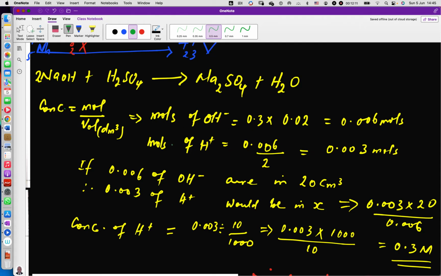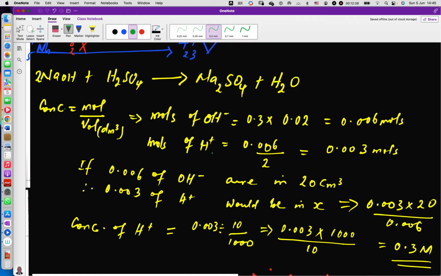For the sulfuric acid, remember 2 moles of sodium hydroxide react with 1 mole of sulfuric acid. Now that we have the moles of sodium hydroxide, the moles of sulfuric acid will be obtained by dividing by 2.